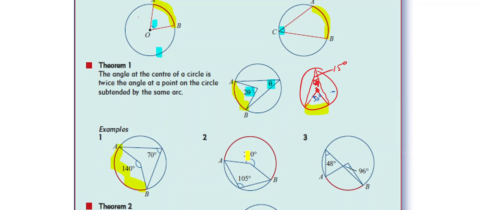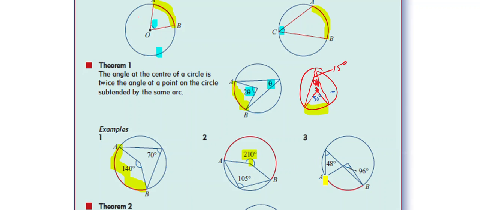We can see that this is 210 over here, and it's going to the center. Okay, we can see it's going to the center point here. Then the angle going to the outside is covered by the same arc. Okay, can you see the red line? It's covered by the same arc. Then it's half of what it is to the center. So half of 210 is 105.